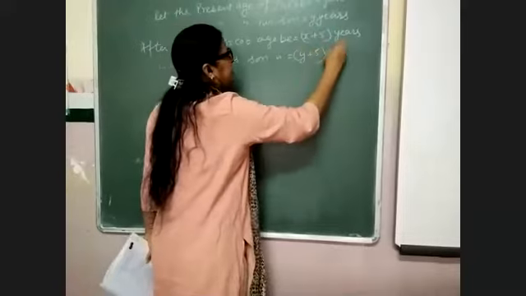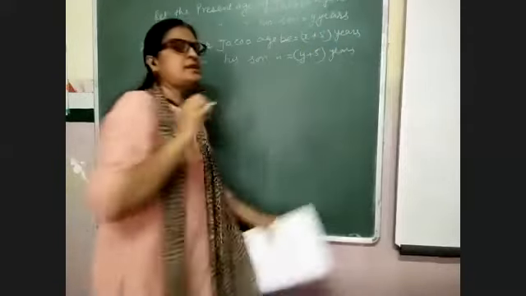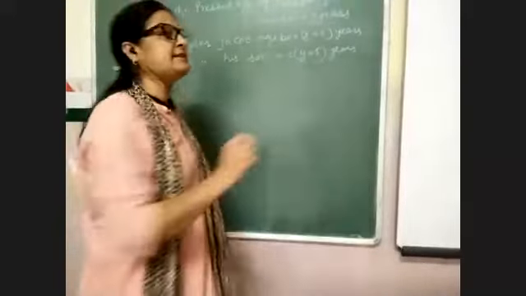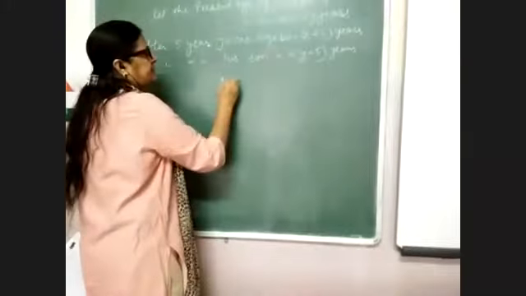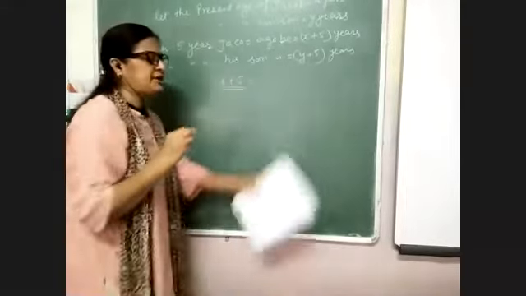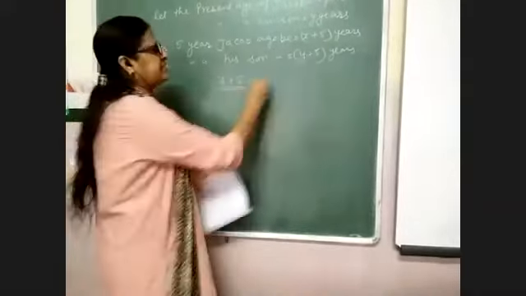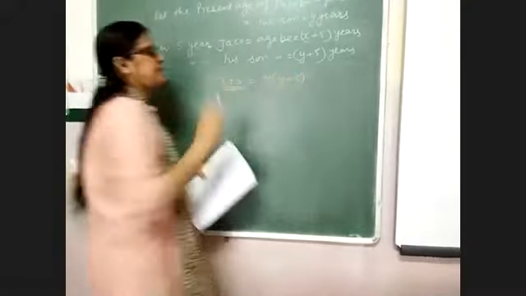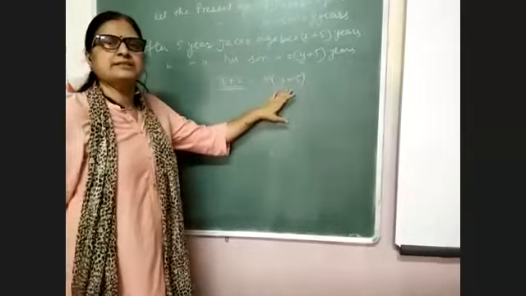According to the equation, what is given in the question? After 5 years, the age of Jacob will be 3 times that of his son. After 5 years, Jacob's age is x plus 5, but it becomes 3 times: 3 into y plus 5. It becomes 3 times his son's.